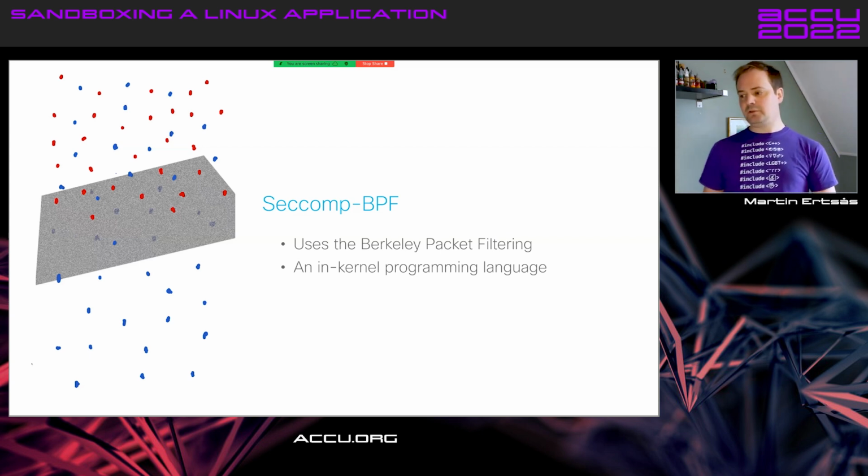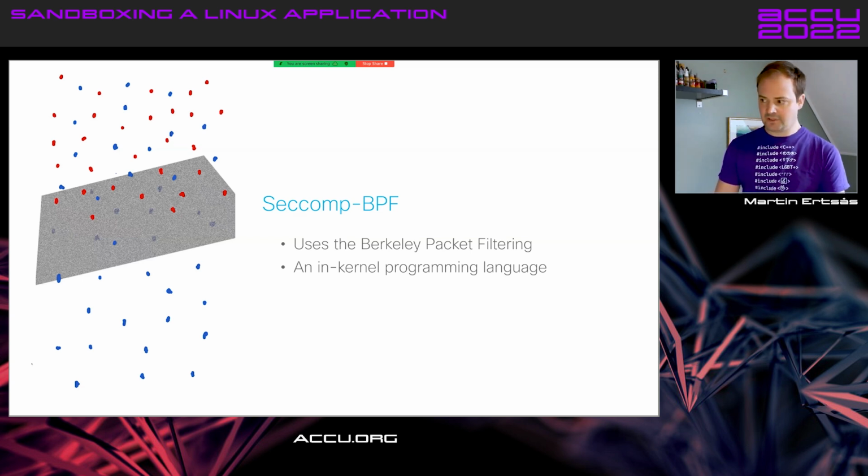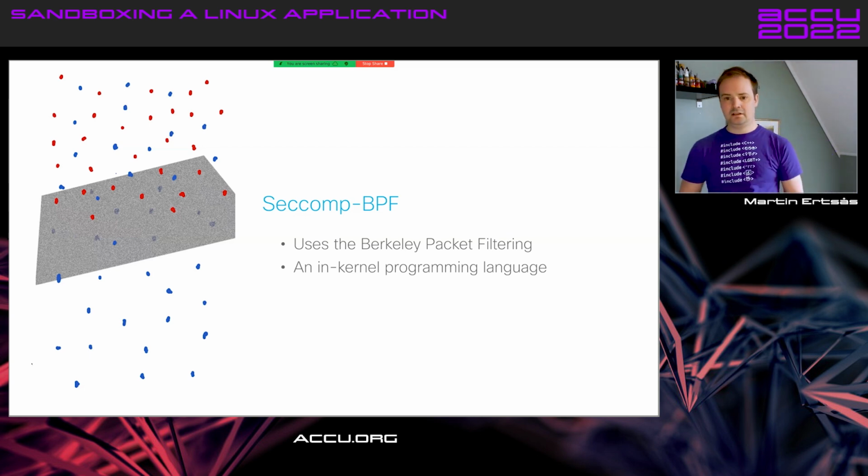When you use seccomp, you need to consider the target architecture. The seccomp program needs to check the target architecture, not because the binary code is different, but on Linux, the system calls differ depending on your architecture. So x86 system call numbers are different from, for instance, ARM system call numbers.